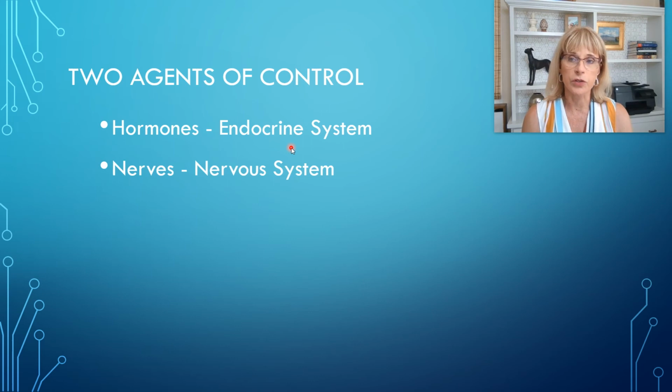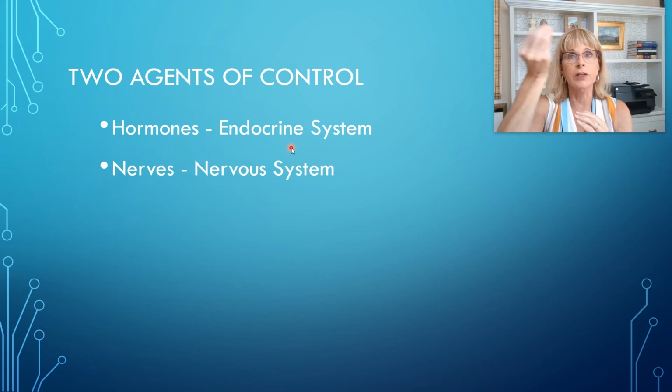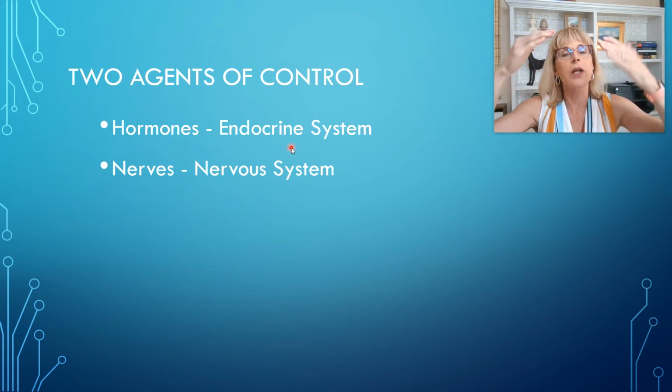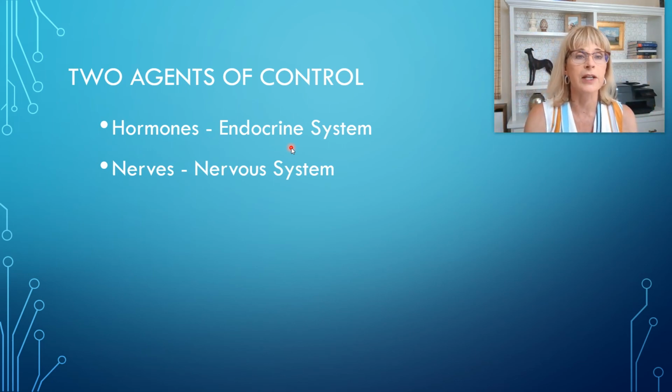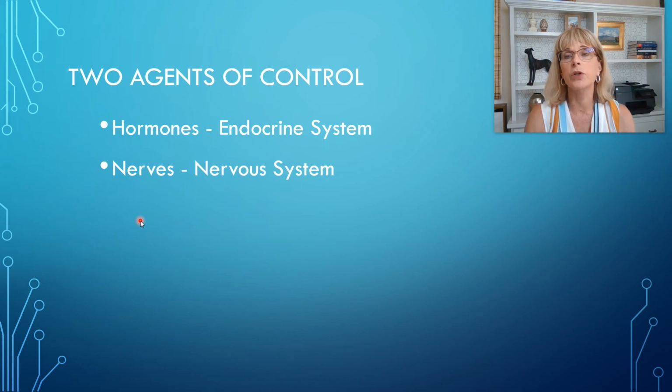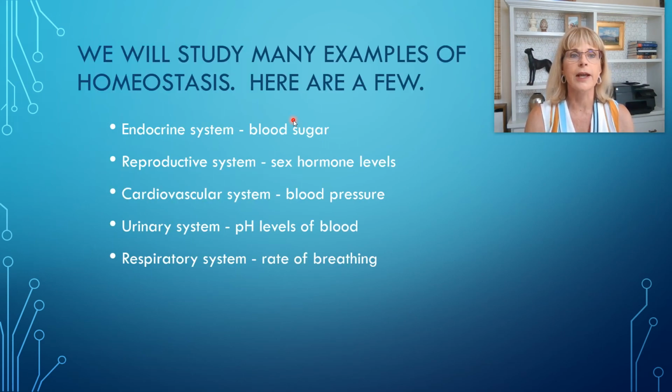The other is the endocrine system. If your blood sugar levels are too high, there are cells in your pancreas that measure blood sugar levels, and when it's too high, they release insulin, and when insulin goes out, it will act to bring your blood sugar levels back down. So two ways these homeostatic mechanisms get controlled: through the nervous system and through the endocrine system, okay?